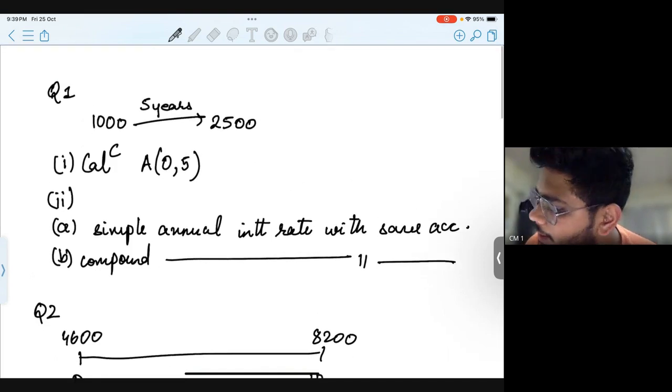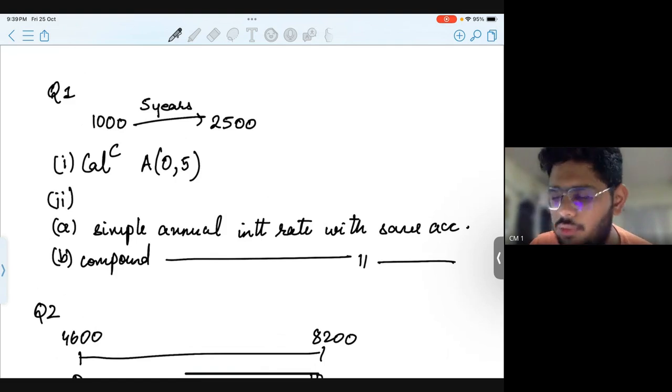Please move to solving this question. There is a sum of 1,000 rupees which becomes 2,500 in the first 5 years. What is the accumulation factor from time 0 to time 5? Once you are done with that, what will be the equivalent simple annual interest rate and the equivalent compound annual interest rate, which will lead to the same accumulation?